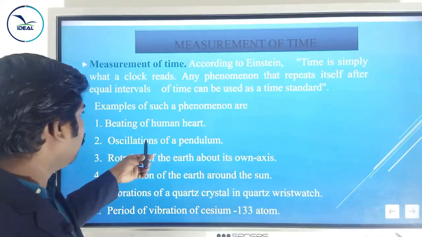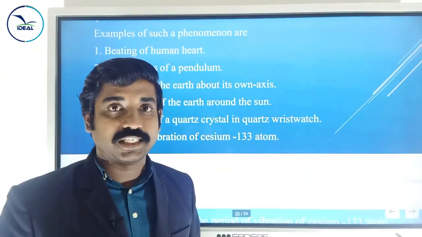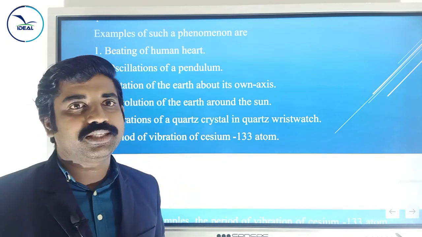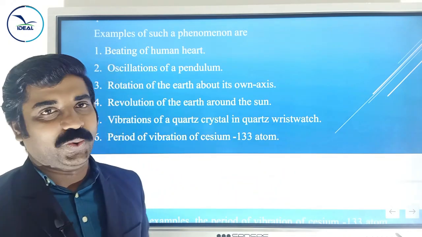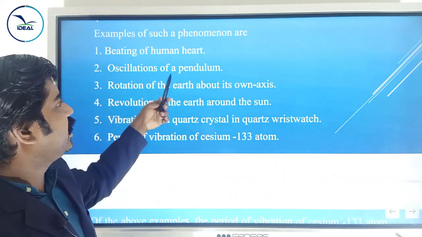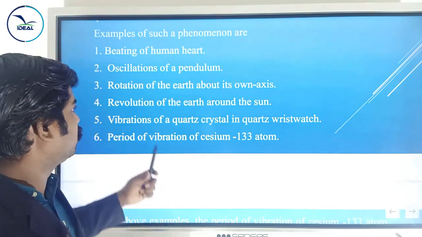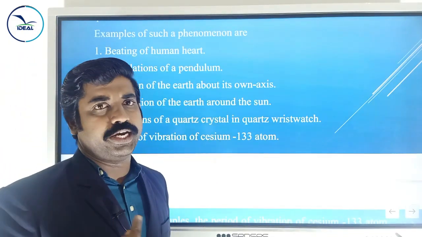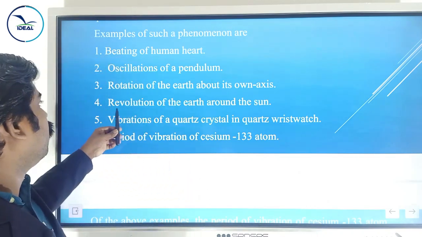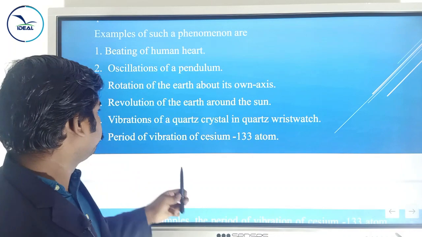Okay, so some examples are here. Beating of human hearts, that's a period. Oscillations of the pendulum, that's also periodic. Rotation of the earth about its own axis, same period. Revolution of the earth around the sun, that's also in the same period.